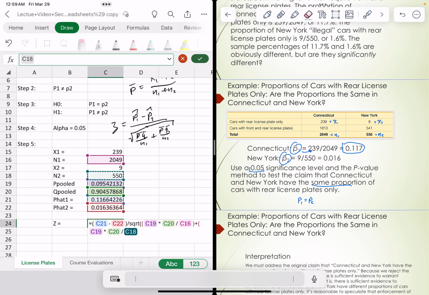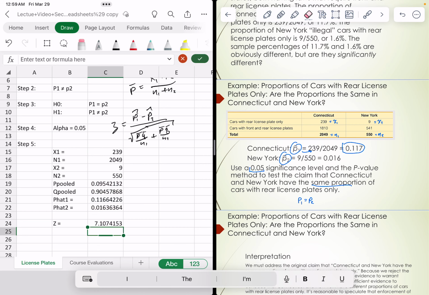Oh, that's X2. N2. There we go. Close parenthesis, enter.